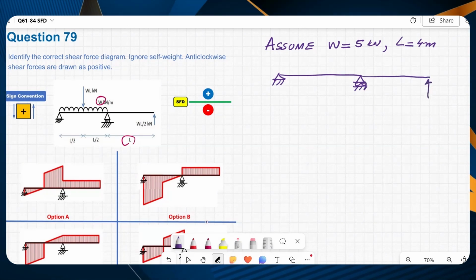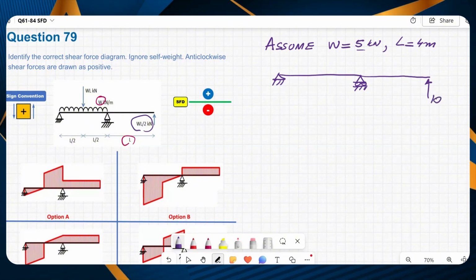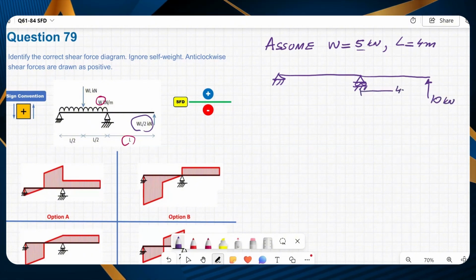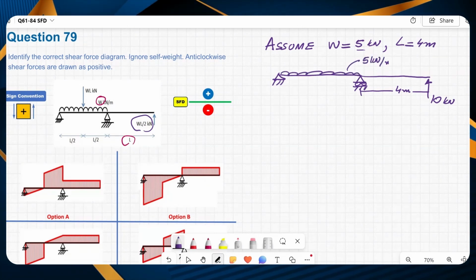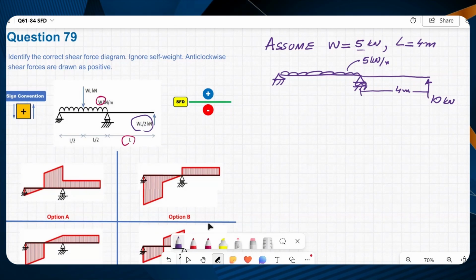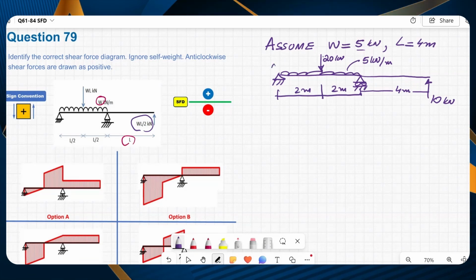This is WL over 2, so W is 5, L is 4, 5 times 4 is 20, 20 divided by 2 is 10 kilonewton, and the value here is 4 meters, and we have a UDL of 5 kilonewton per meter, and we have a point load as well, which is W times L. 5 times 4 is 20, and these distances are L over 2, so 2 meters and 2 meters. I call this point A, and this point B.